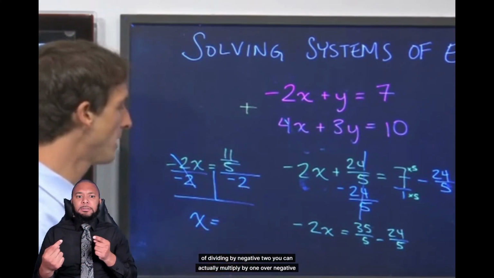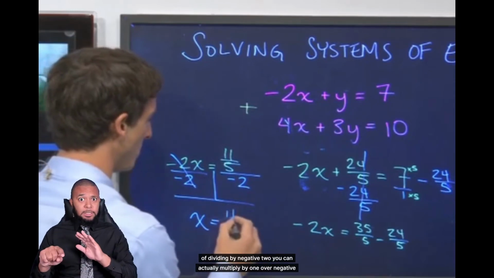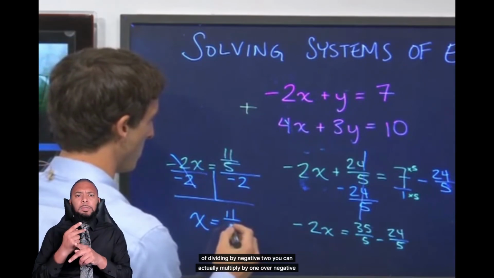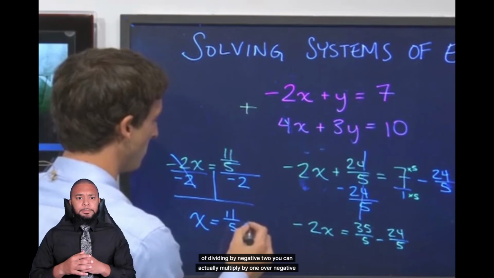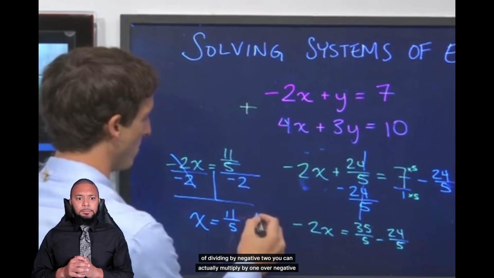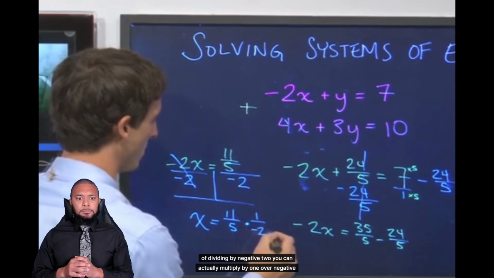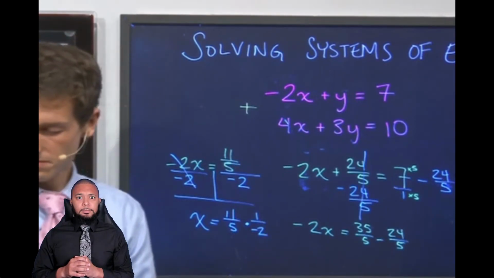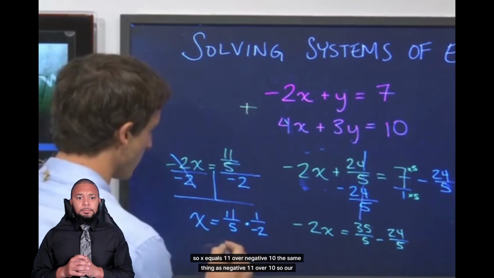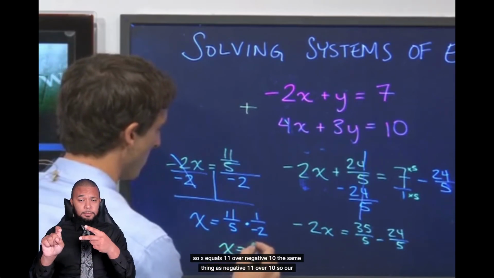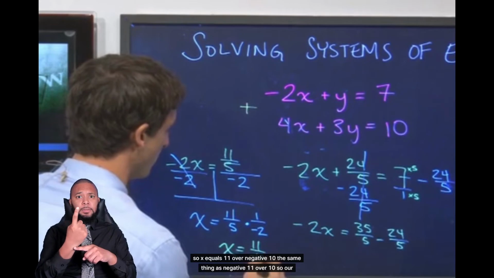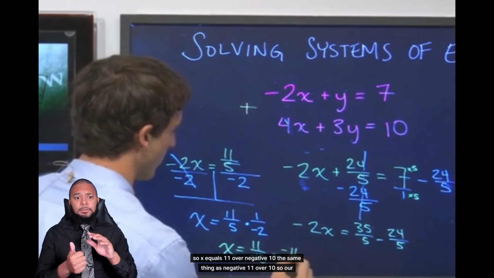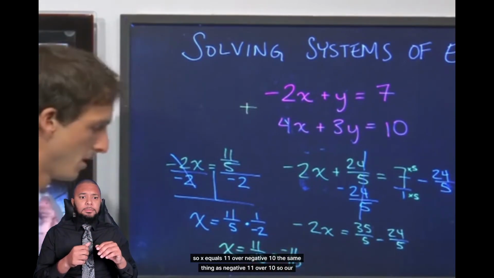So instead of dividing by negative 2, we can actually multiply by 1 over negative 2. So x equals 11 over negative 10, which is the same thing as negative 11 over 10.